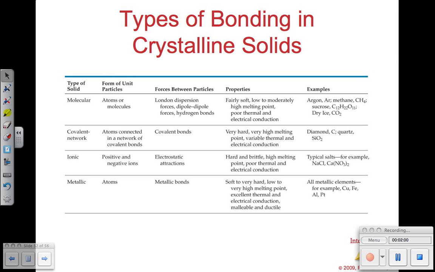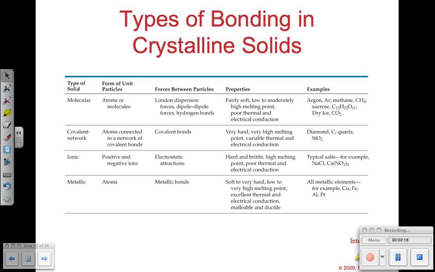Some classic examples would include diamonds, which are made out of just pure carbons covalently bonded to each other in a network, as well as quartz crystals, which is silicon dioxide, same idea.